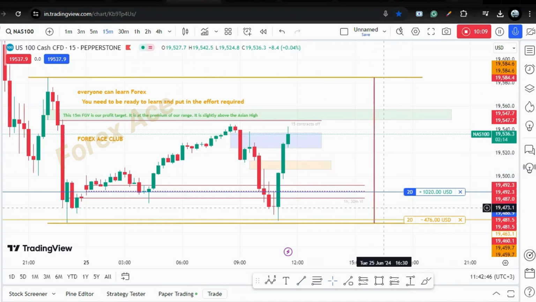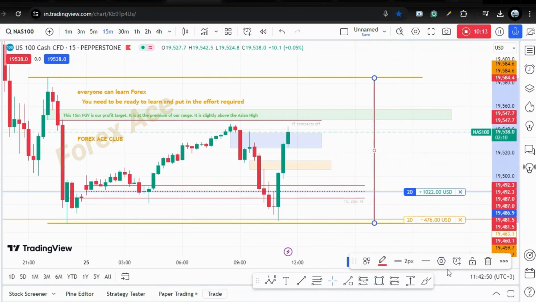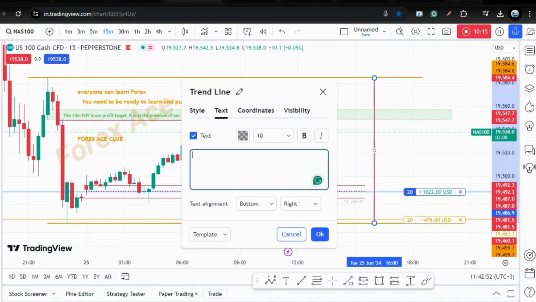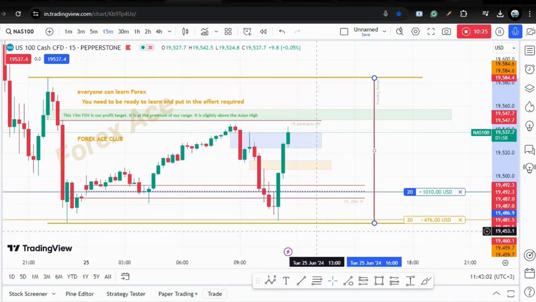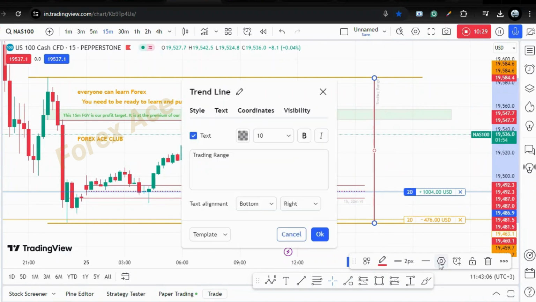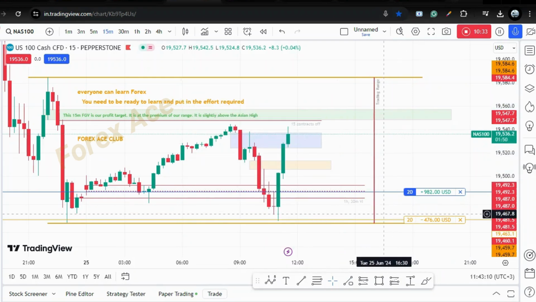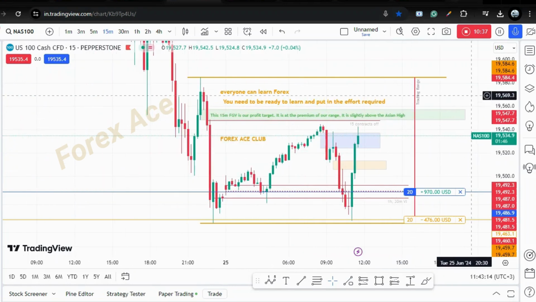From here to here, this is the trading range. Let me just put it that one. This is our trading range from up to down.